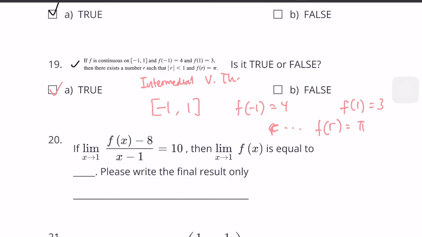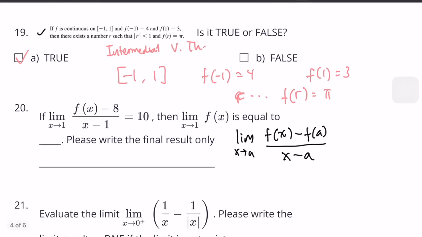Okay, this number 20, this is more about the logical reasoning you have. So if you have limit as x approaching a, let's say this is a, sorry, this is x minus a.